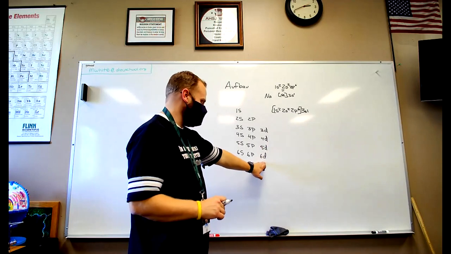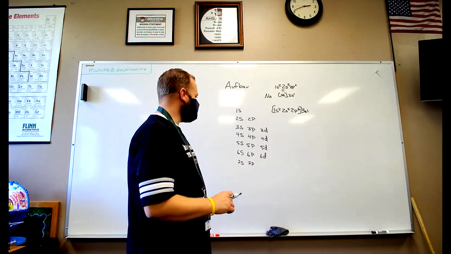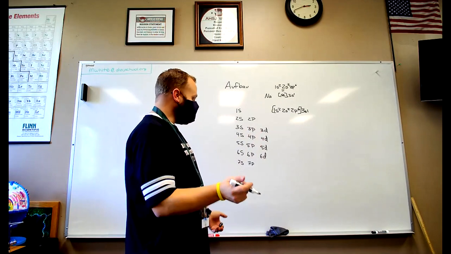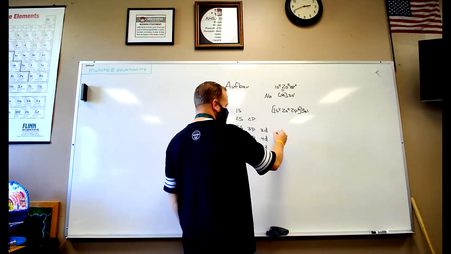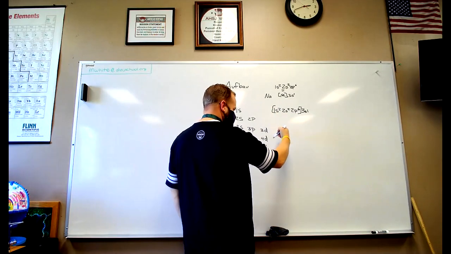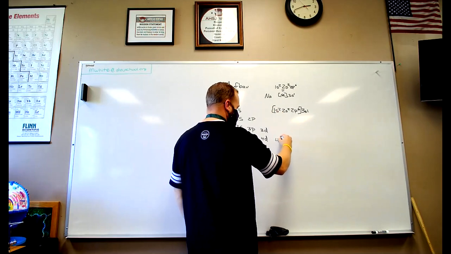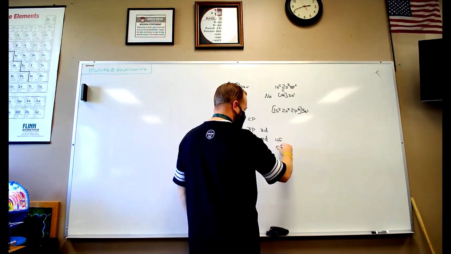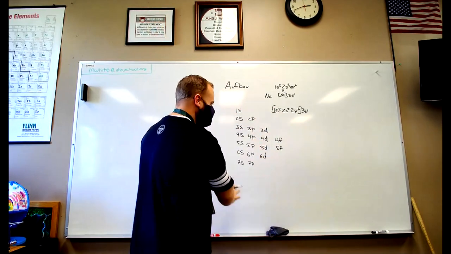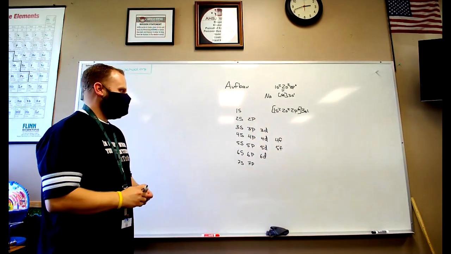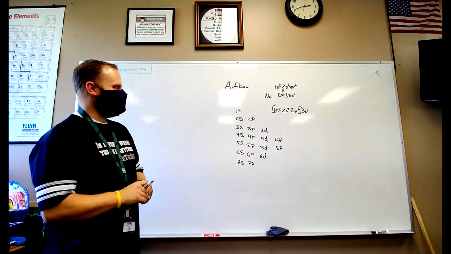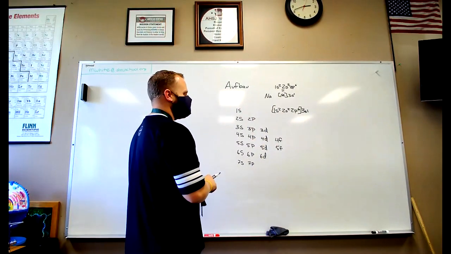We don't have any elements that would get as far as 7. So we just leave it off. And then comes f. Once again, it starts one more level lower, 4f and 5f. So we write this. Okay? And what we do is we just follow diagonal lines.